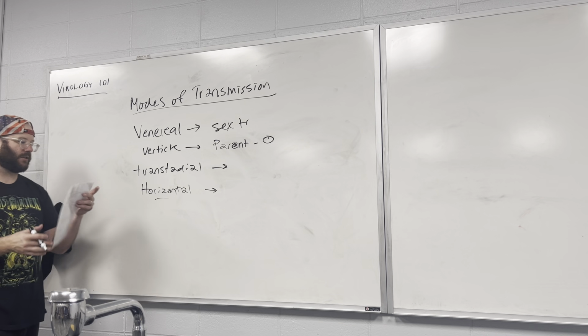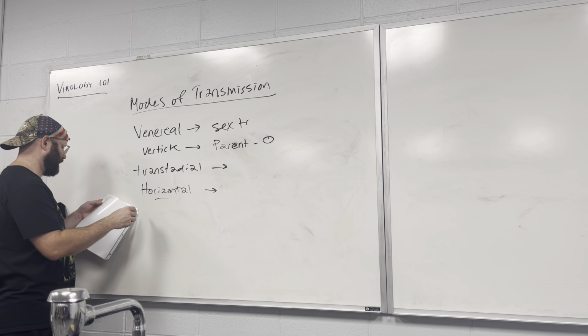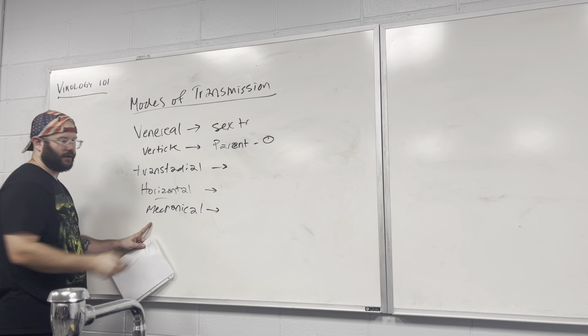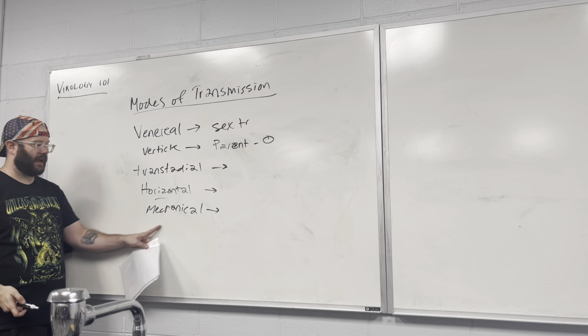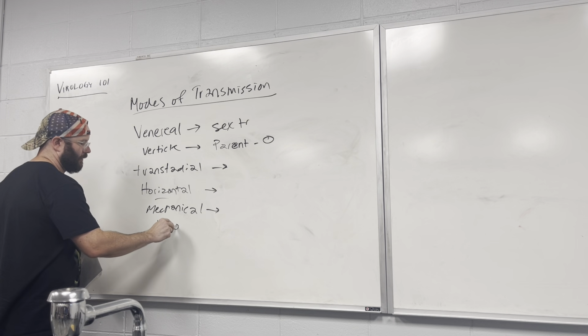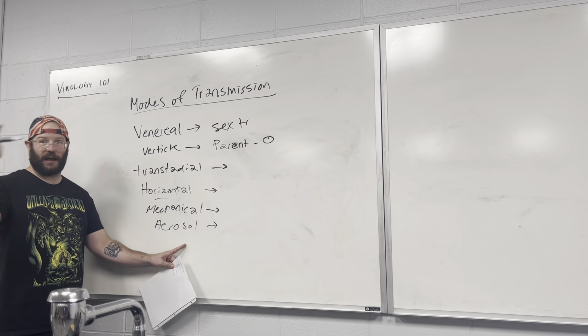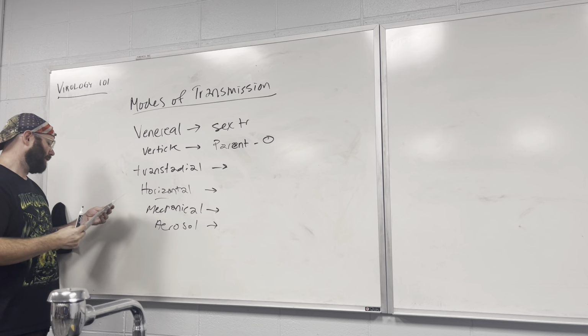That's horizontal transmission. And then there's mechanical. Mechanical is like the dirty needle, like HIV/AIDS. Aerosol is when it gets in your lungs, you cough it up, and it's in the air. You can breathe it in, like COVID.